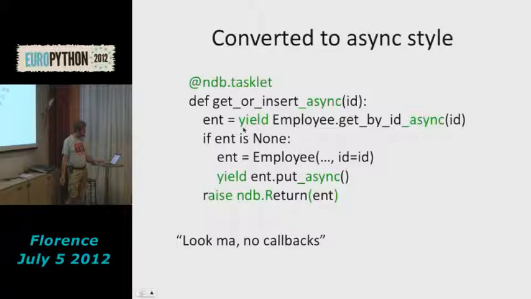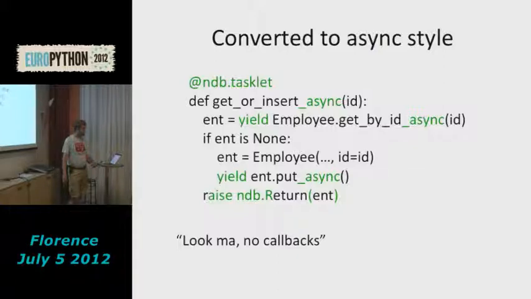Here's a bit of magic. Instead of calling the get result value method on that future, we yield it. So this is a yield expression. The trampoline code, or the event loop, intercepts that yield. It sees, oh, he's waiting for this future that corresponds to this RPC that goes to the data store.